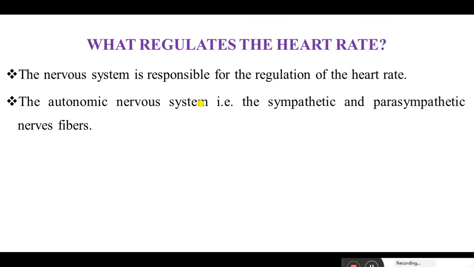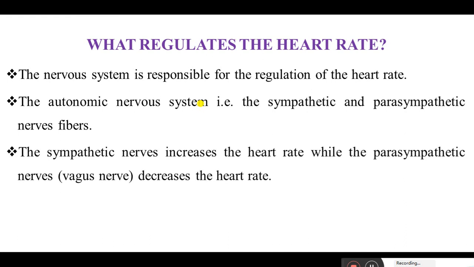The autonomic nervous system, that is the sympathetic nerve and the parasympathetic nerve fibers, are directly involved in the regulation of this heart rate. The sympathetic nerve increases the heart rate, while the parasympathetic nerve, the vagus nerve, decreases the heart rate.